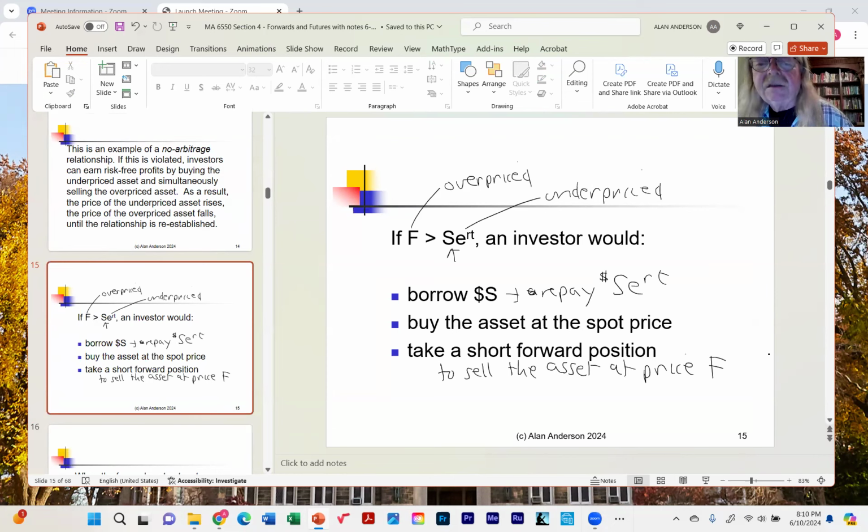Now, here's the thing. F, by assumption, is greater than Se^(rT). So that means that we'll collect F dollars and we repay Se^(rT) dollars, and that means we're making money.